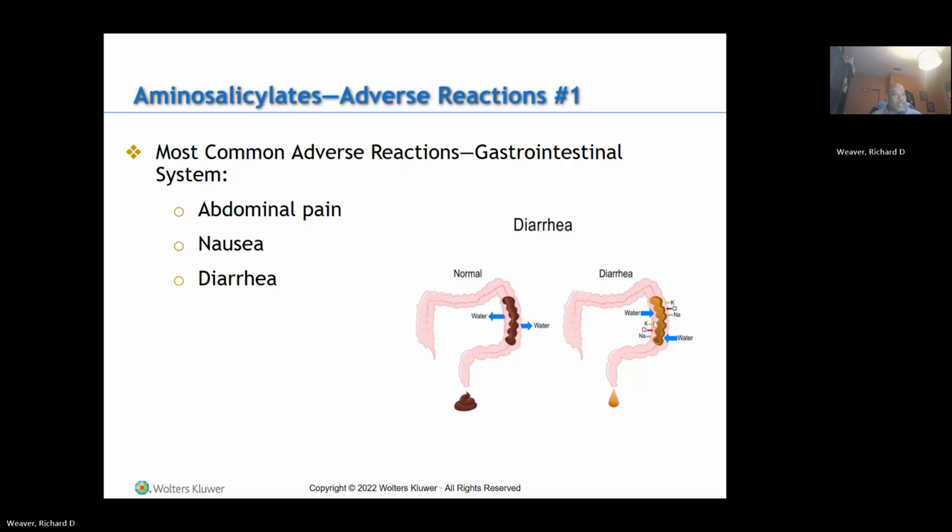All right. Now, what happens with diarrhea, as you can see, is that water from our system is going back into the bowel, quite a bit of it, into the descending colon, but electrolytes are going back in there as well. And so when this stool finally moves out and this person has a bowel movement, it's more liquidy or watery, right?